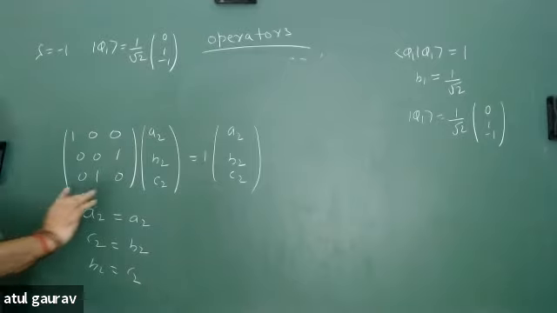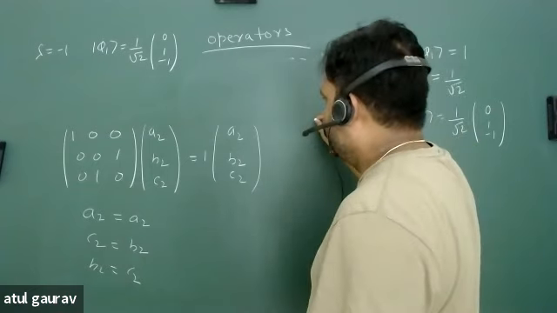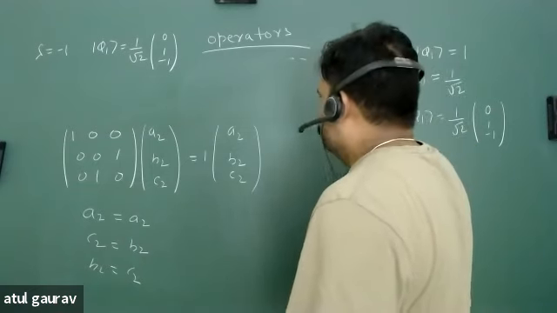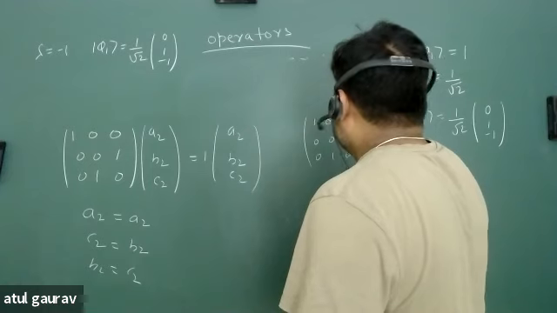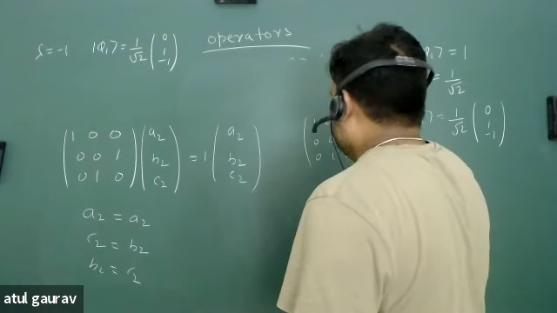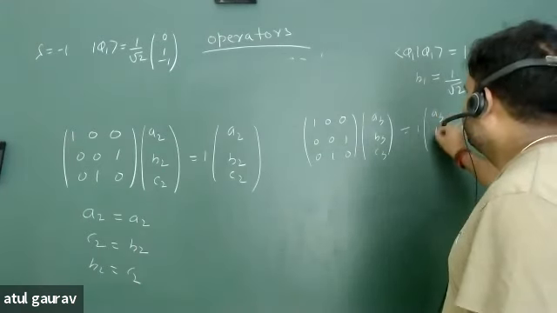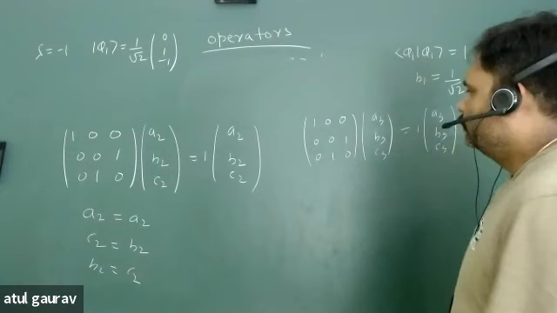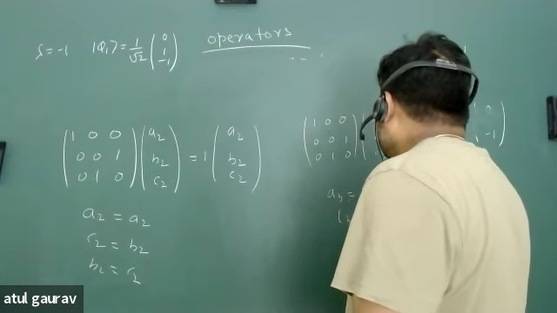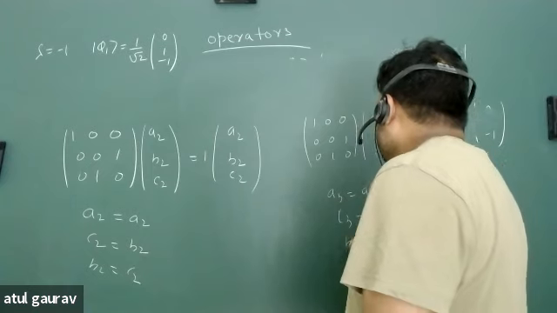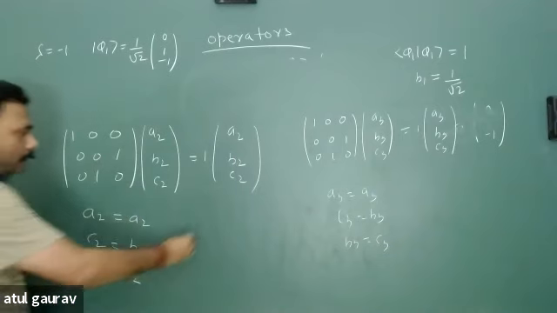And you can again find one more vector, with the same matrix 1 0 0, 0 0 1, 0 1 0, and this is, let's say, (a3, b3, c3), and this will equal (a3, b3, c3). And again here you have a3 is equal to a3 and c3 is equal to b3, and b3 is equal to c3.